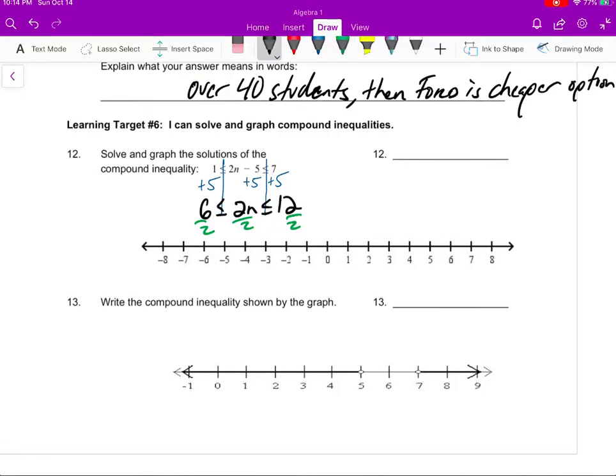And we're left with n in the middle. So it's less than or equal to the bigger number, but greater than or equal to the smaller number, 3 and 6. And what's nice about graphing these, they're both equal to. So it's equal to 3, it's equal to 6, and it can literally be any number in between those two numbers.